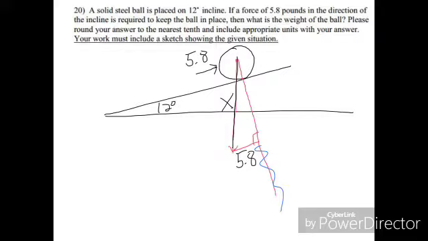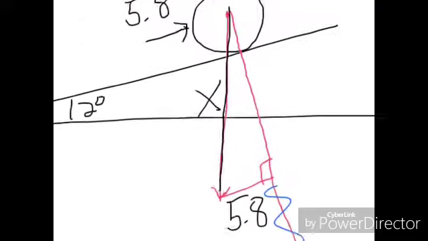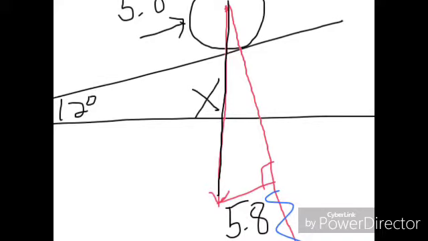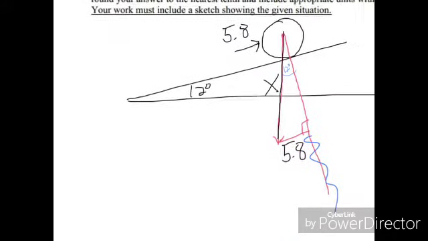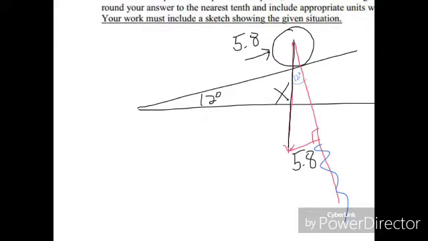And let me expand this, because I'm going to have to be able to write it a little better. There we go. This is 12 degrees. Now you probably won't need to redraw the triangle. You can work with what's there, but I want to highlight exactly what we're working with here.